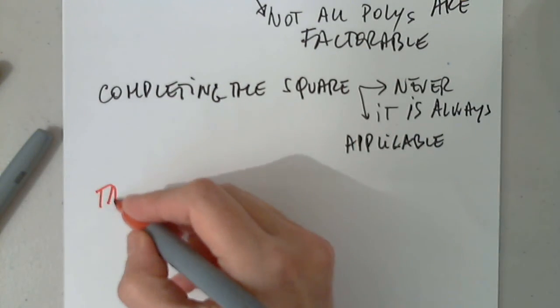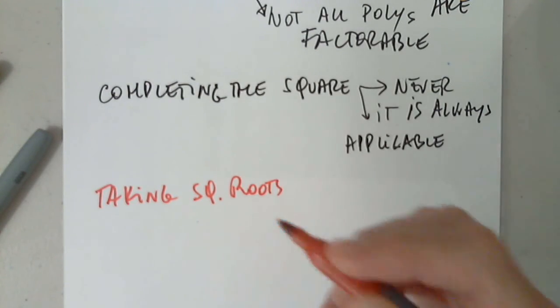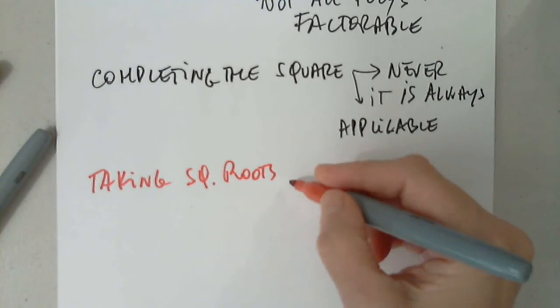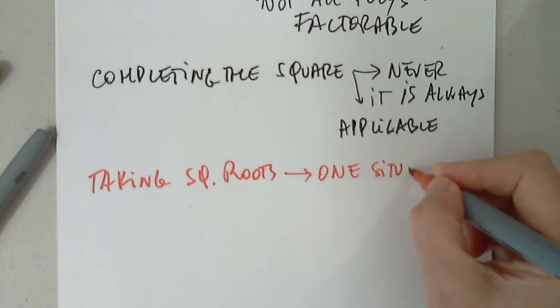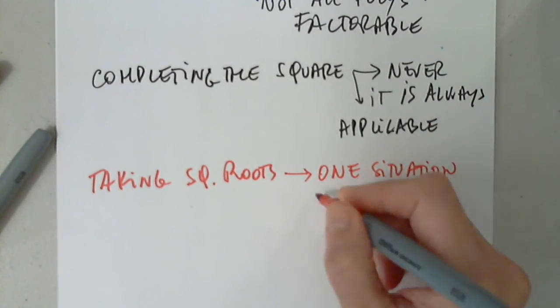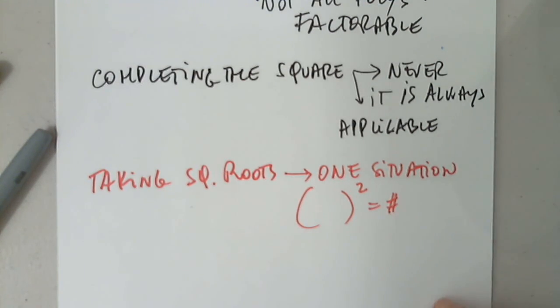Taking square roots. Only in one specific situation. One situation. When I have something like this, equals a number. Not with x, no x here. Just one number, plain simple number.